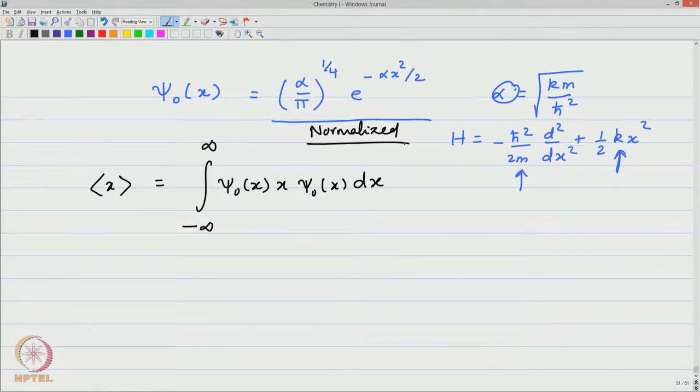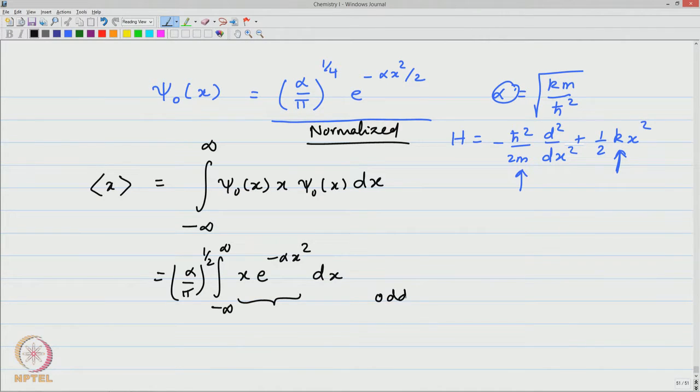That is 1. So, this is the average value, and you can calculate it as alpha by pi to the 1 by 2, because there are two functions psi naught, times x e to the minus alpha x square between minus infinity to plus infinity dx. You should know immediately that this is an odd function.